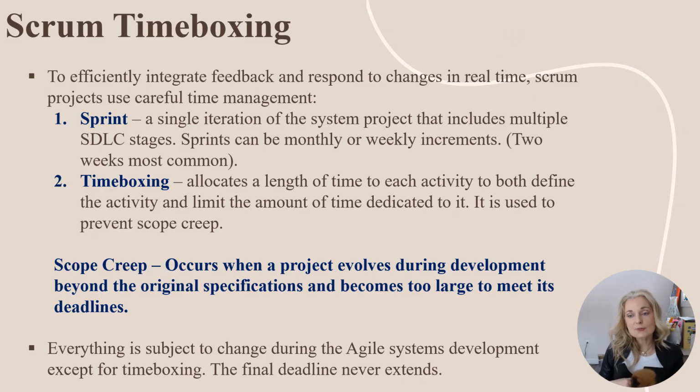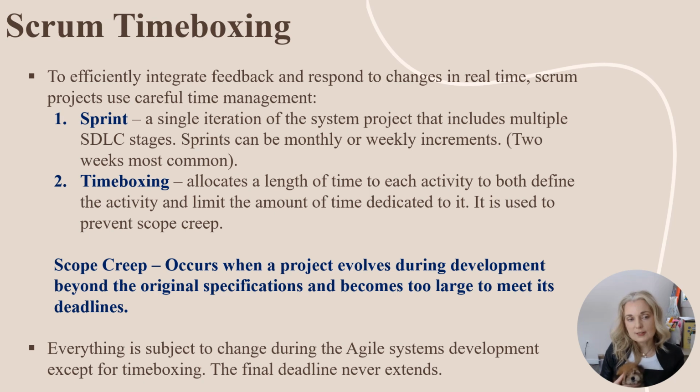To execute a project, Scrum time boxing is used, and this is done to efficiently integrate feedback and respond to changes in real time. And it is essential to have great time management with these projects.